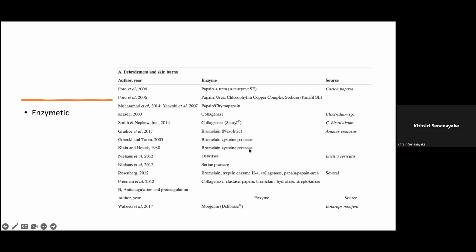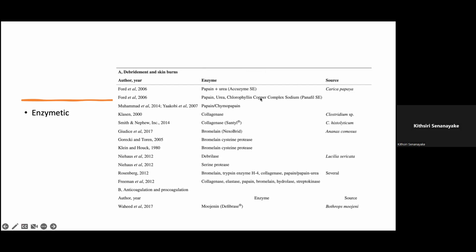Iruxol is also a type of collagenase. What I see is that papain has this enzyme, and we have used this in chronic wounds, and I think it's a very good and very cheap method of treating in our communities.